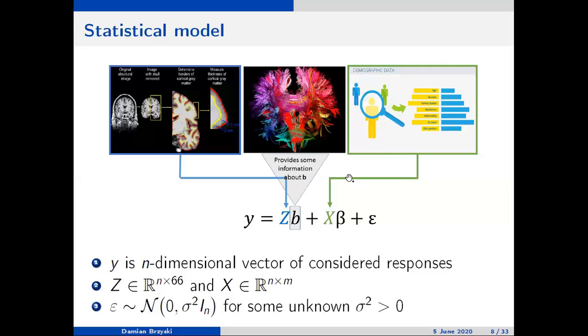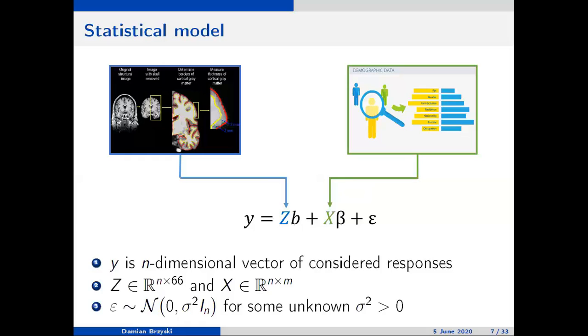Okay, and now is the place where the additional information comes. We would like to think about this information about the connectivities as something which also shows us the structure of the coefficients which we would like to find. So again, in this multiple linear regression model, there is no notion of connectivity matrix yet, but we will use it in the estimation step.